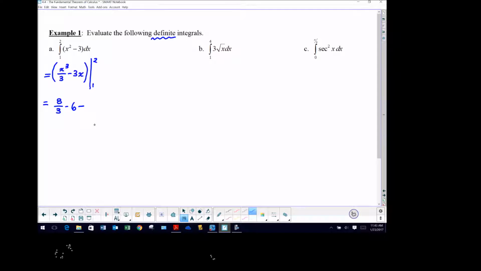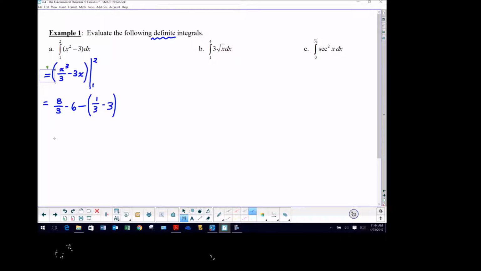We know that there's a minus sign, but by plugging in 1, 1 cubed over 3 is 1/3, and 3 times 1 is 3, we know that this is going to be wrong because we're going to want to subtract this entire quantity. So I'm going to advise all of you to put parentheses around that every time, and the reason is because this sign is always going to be a subtraction. That's never going to change. Okay?